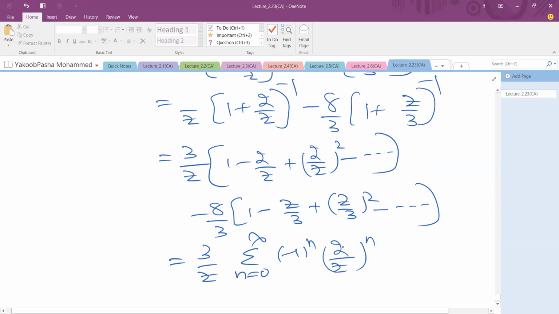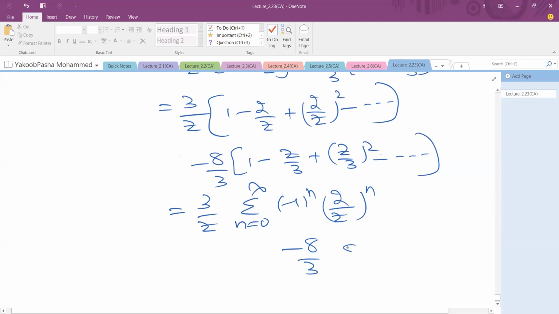Next term, minus 8 by 3 summation n equals 0 to infinity, (-1) to the power of n, (z by 3) whole to the power of n.